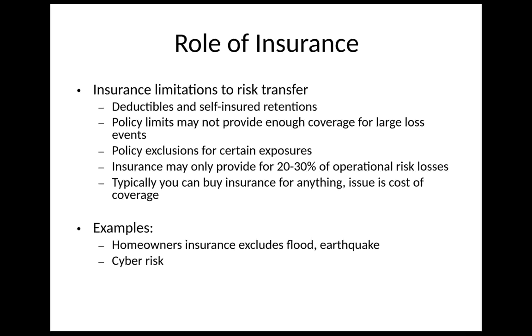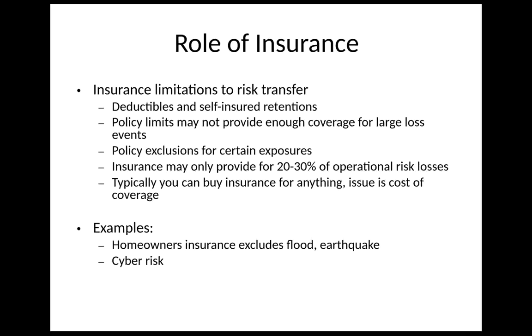That's why people do that: if they did have a major accident, they could lose their home if someone decided to sue them and they didn't have enough insurance. There might also be policy exclusions for certain exposures. In California, for example, most policies do not cover earthquake. You have to buy an additional policy for that specifically.